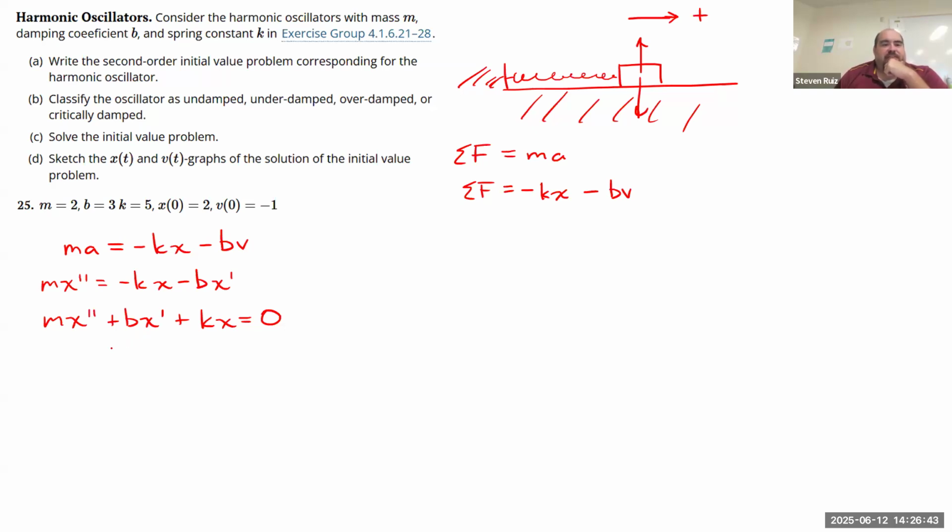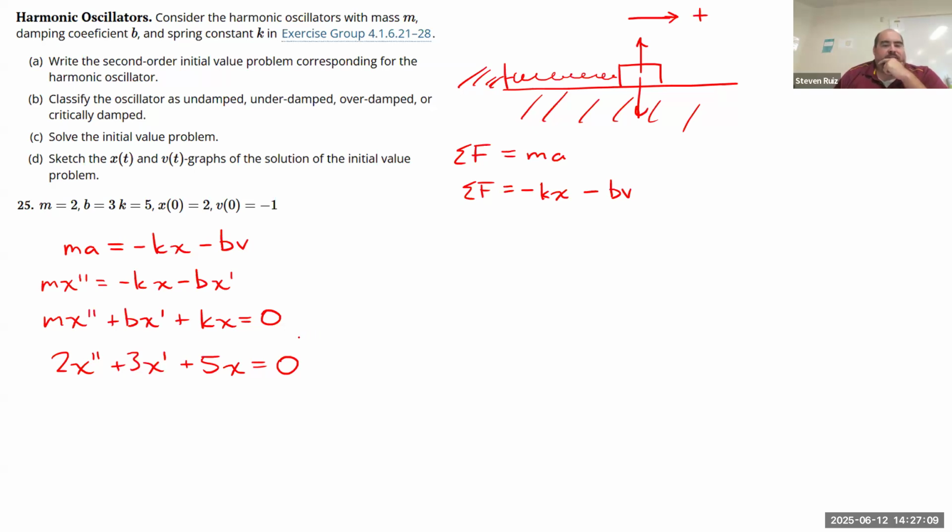So now we can fill in the details we were given. We know that the mass is 2, so 2x double prime plus 3x prime plus 5x equals 0. Okay, so write the second order initial value problem corresponding to the harmonic oscillator.